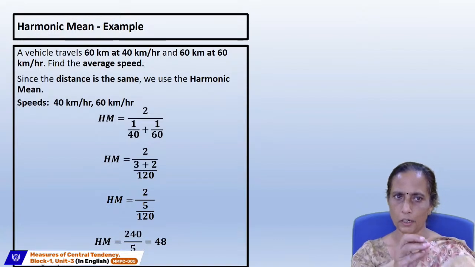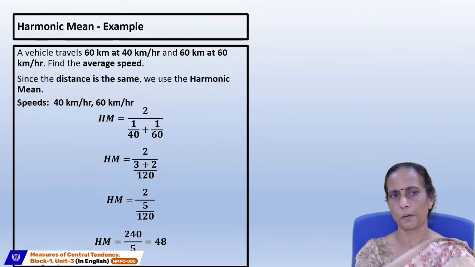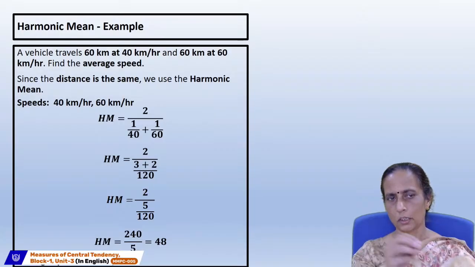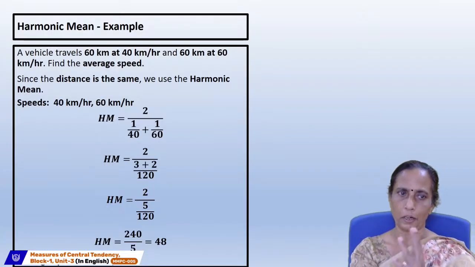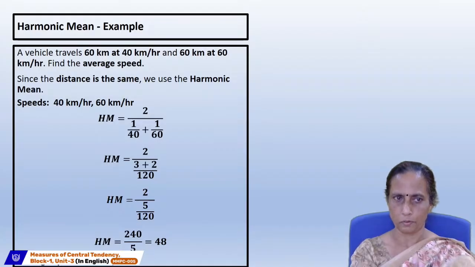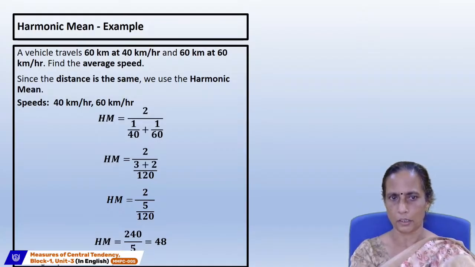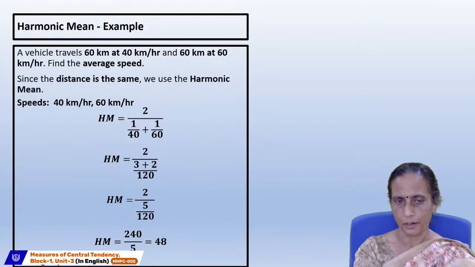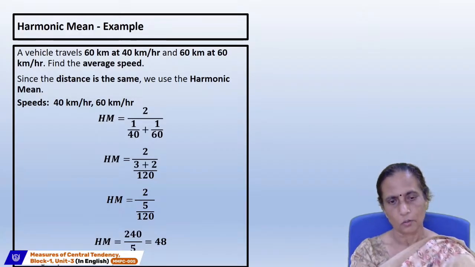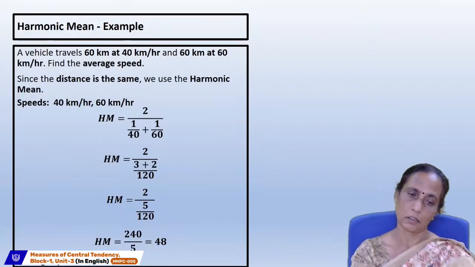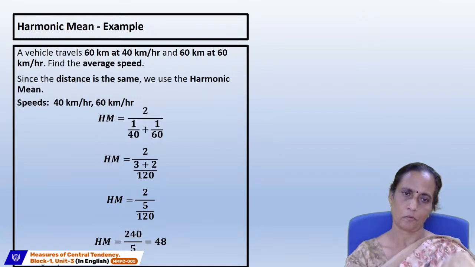It covers one 60 kilometers at 40 kilometers per hour, and the other 60 kilometers at 60 kilometers per hour speed. In that case, it will be 2, because we have two observations, 40 kilometers per hour and 60 kilometers per hour, divided by 1 by 40 plus 1 by 60. That is equal to 240 by 5, which is equal to 48.